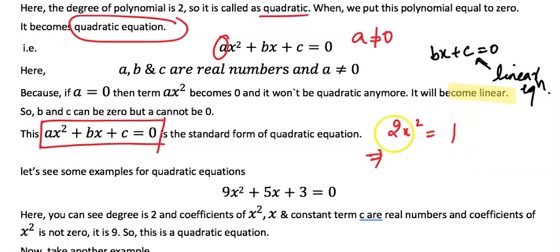I can just subtract 1 from both the sides, so it would be 2x square minus 1 equals to 0. And then this will be your standard form of quadratic equation. Clear?